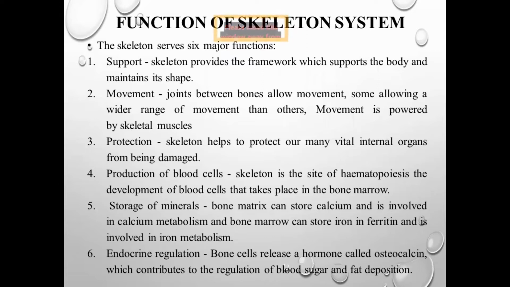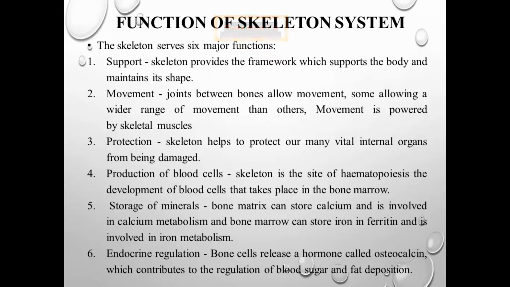Next is production of blood cells. That's very important. The skeleton system is the site of hematopoiesis. Hematopoiesis is nothing but the formation of blood cells. Where is it formed? From the bone marrow, as well as in the cancellous bone.